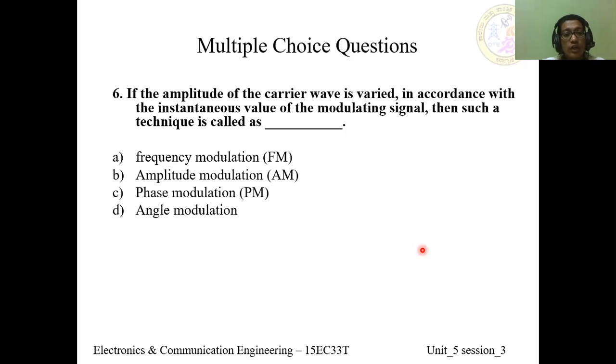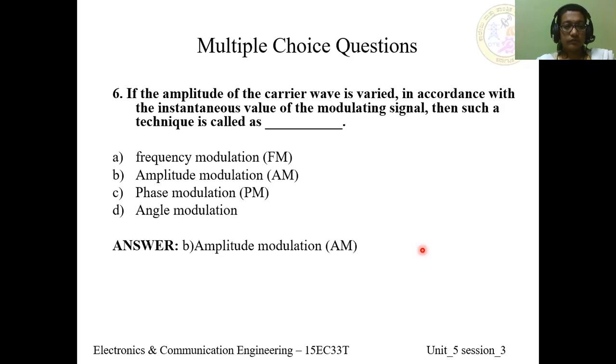Sixth question. If the amplitude of the carrier wave is varied in accordance with the instantaneous value of the modulating signal, then such a technique is called: A, frequency modulation; B, amplitude modulation; C, phase modulation; D, angle modulation. Answer is B, amplitude modulation.